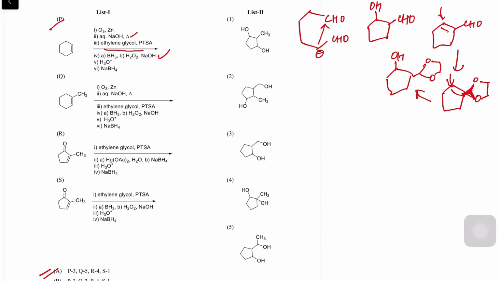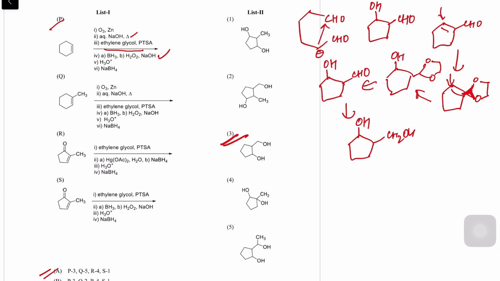After you hydrolyze this, right, you get OH and then this is CHO, and if you reduce it with NaBH4, then you get OH and then CH2OH. You can see the correct answer is this, right? Cyclopentyl, there is OH and then there is hydroxymethyl group.